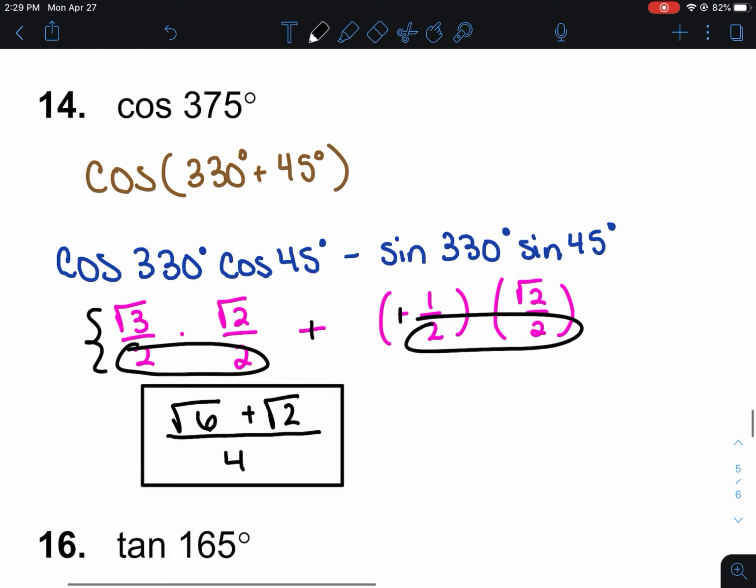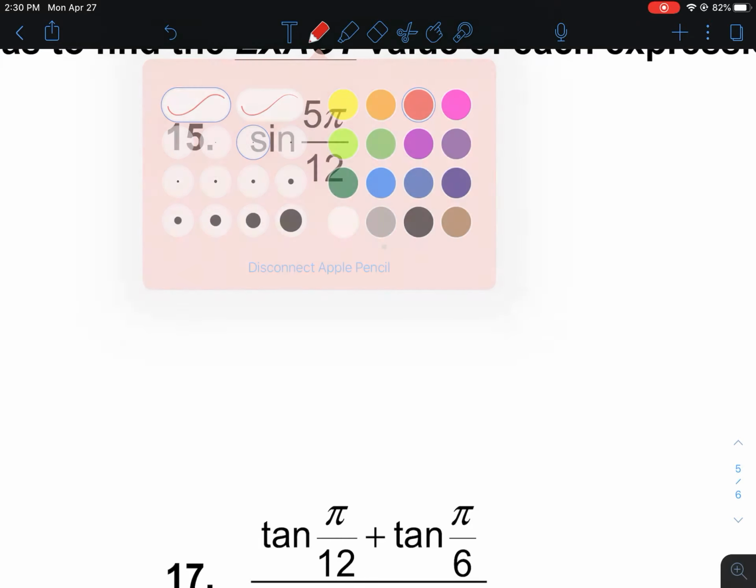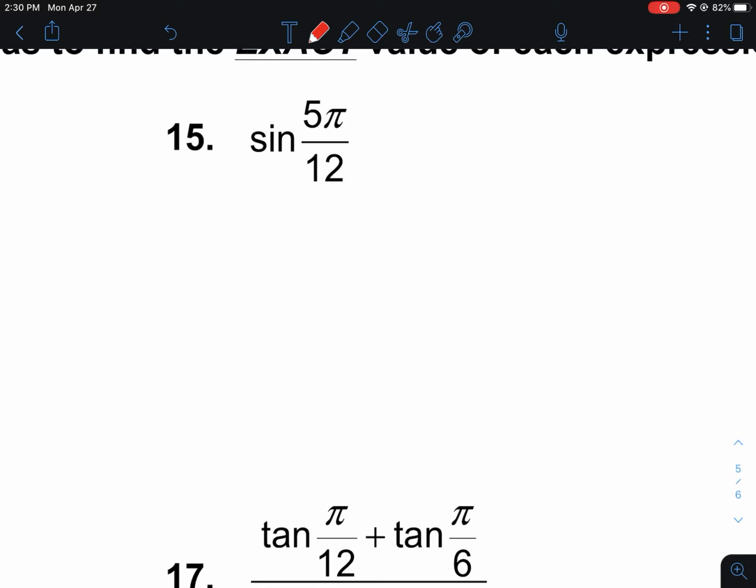Okay. I'm going to do the same thing here for sine of 5 pi over 12. 5 pi over 12 is not on the unit circle. Nothing over 12 is. So I have to think in terms of over 3, over 4, over 6, over 2, things that are on the unit circle. How can I get that to break up to something that is on the unit circle?